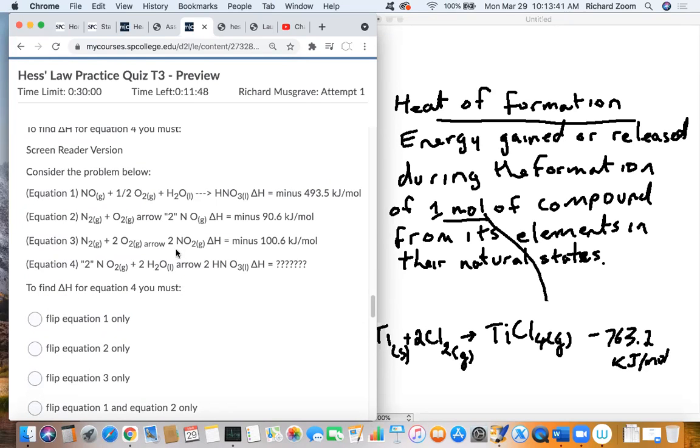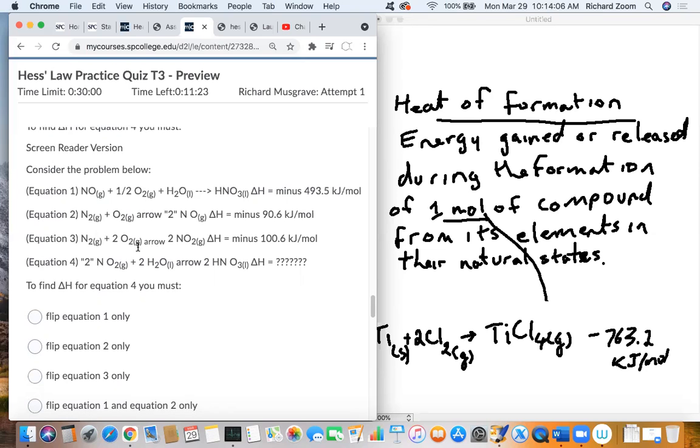And you can see that NO2 is on the incorrect side, so I know I'm going to flip equation 3. Look for water, H2O. I see it's on the correct side, so I don't have to flip equation 1. And I'm looking for HNO3. HNO3 is on the correct side. So it looks like the only one I have to flip is equation 3 presently.